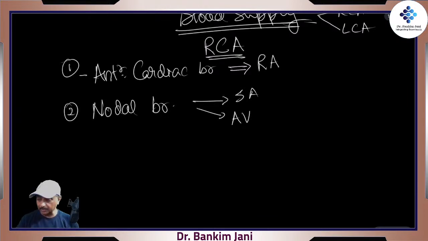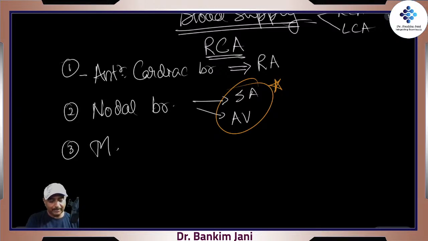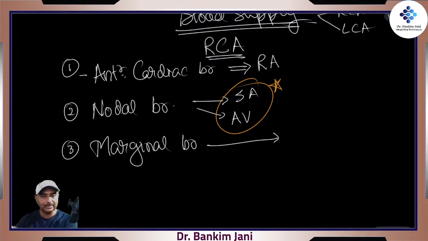This one, to remember, put a star. Then there was our all-time favorite, the marginal branch. The marginal branch goes along the margin and supplies the right ventricle.